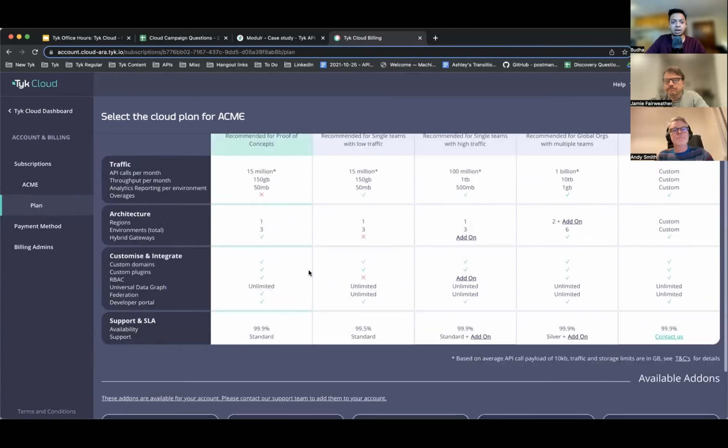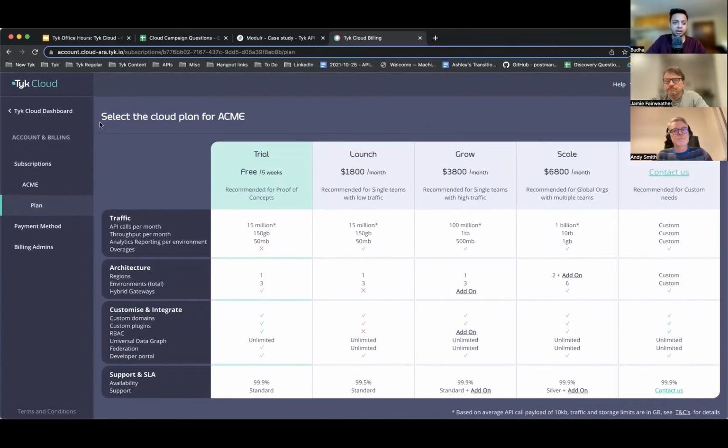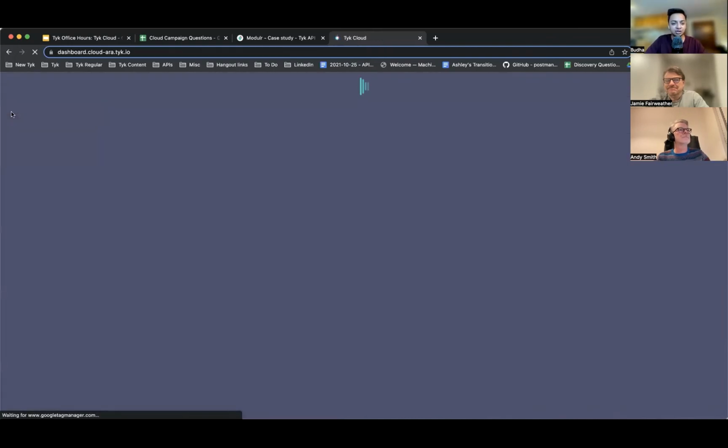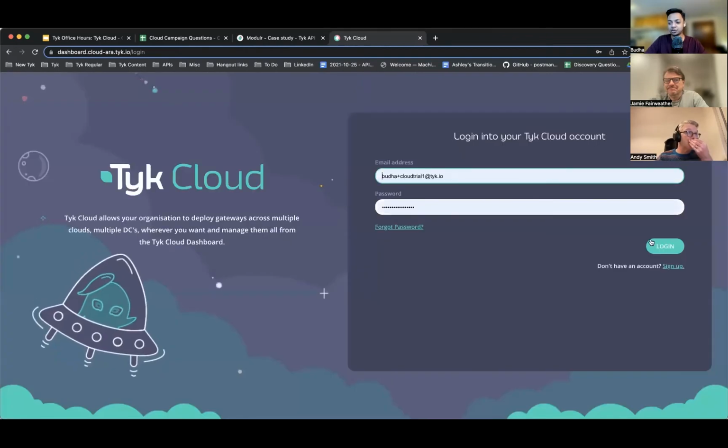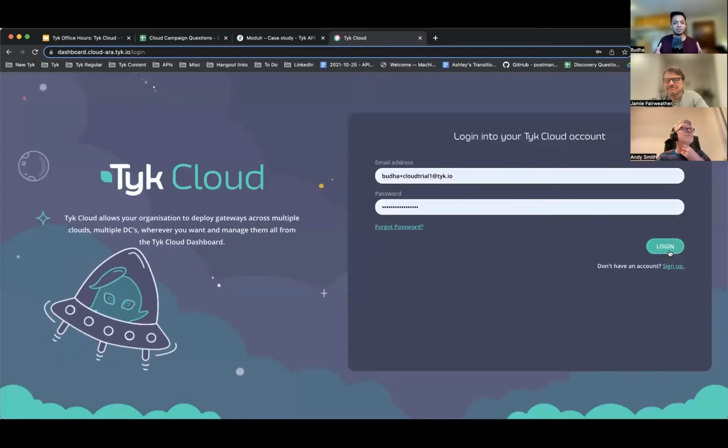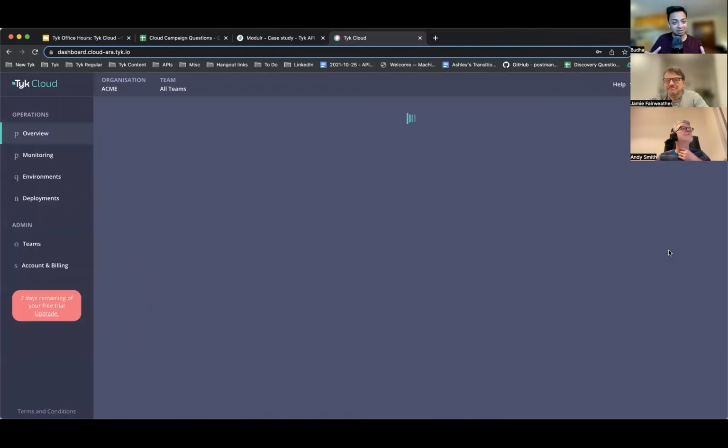Great. Yeah, absolutely. And by the way, just as a thing for everyone, this is actually the Tyk Cloud platform that I'm in at this point. And if you want to get a full rundown of this, we've recently done a Tyk 101 session on Tyk Cloud, where you look at all of the different components, all of the different elements of Tyk Cloud as a product, how you can set it up really, really quickly, how you can actually go ahead and accomplish some key API management activities using this within 30 minutes.